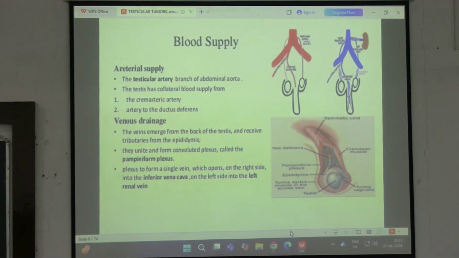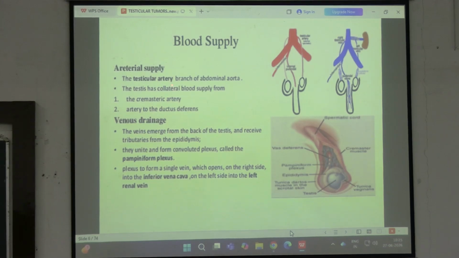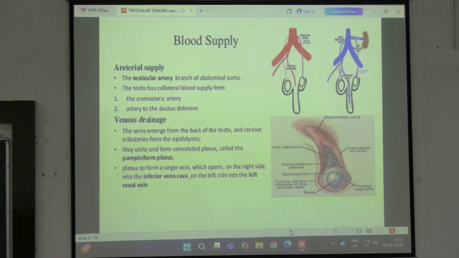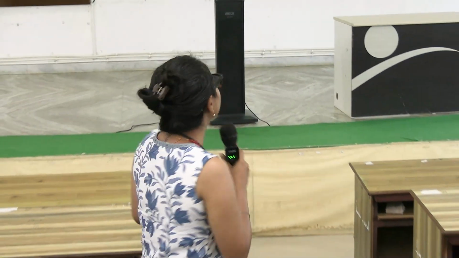Okay. Coming to the blood supply, arterial supply is mostly the testicular artery. Okay, and you know that this has a pampiniform plexus of veins. I think all of you know that. It's very important in your general surgery when you're going to read hernia.